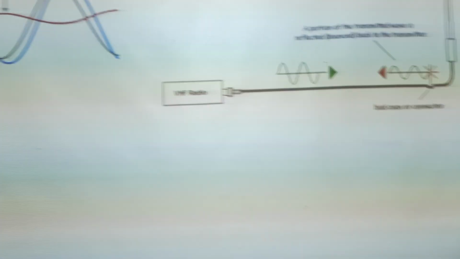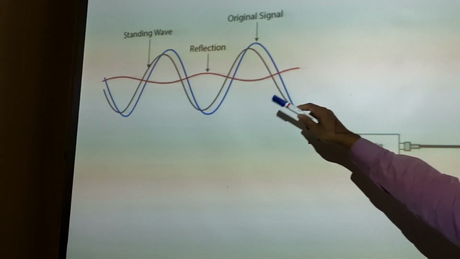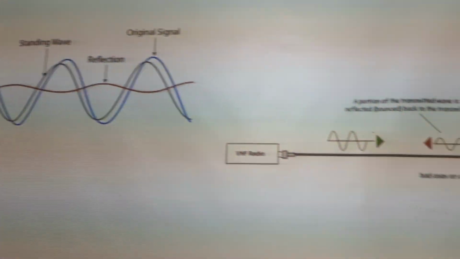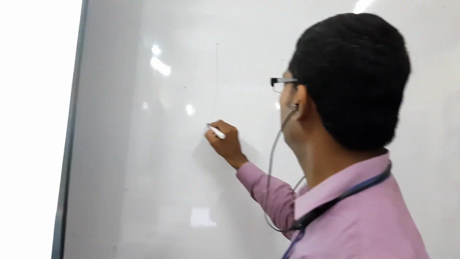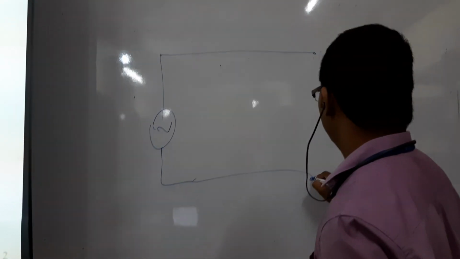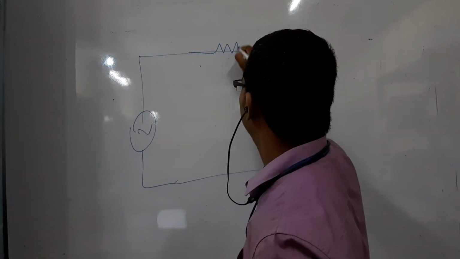So, what is actually a standing wave? Let us understand the concept of standing wave. Suppose we have a microwave source. Then we have certain resistance.